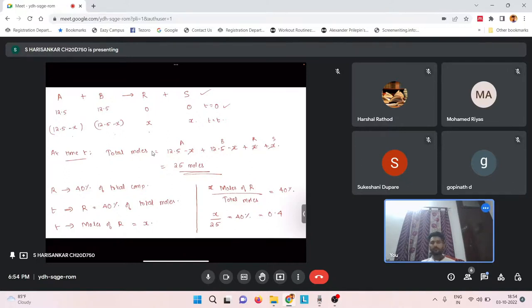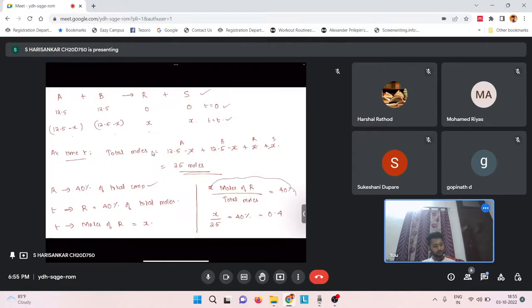So using this data, we can find the concentration of the individual reactant as well as the products. So what we did here is they mentioned that R will start condensing when it reaches 40% of the total composition. So the time we need to calculate is basically when R starts condensing, or that is when R reaches 40% of the total composition.